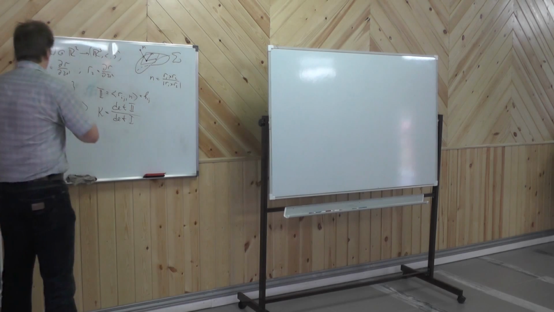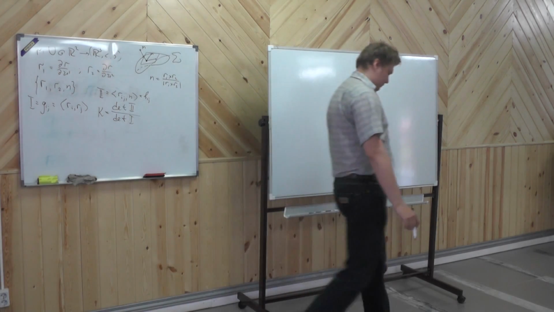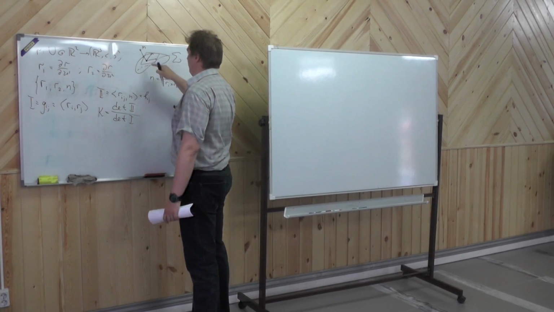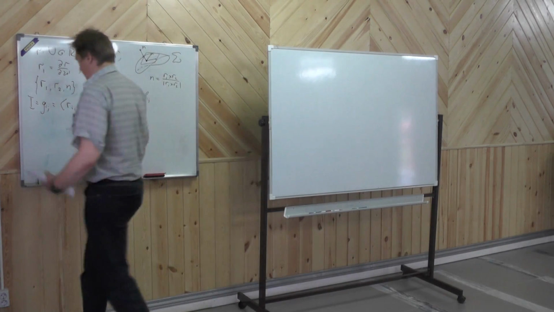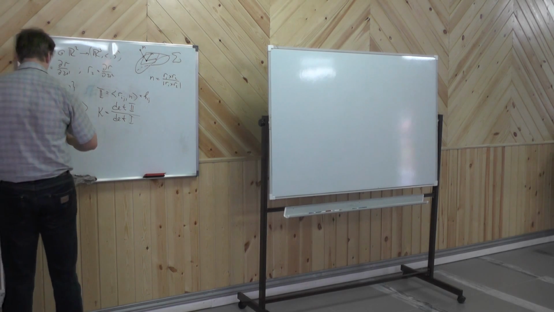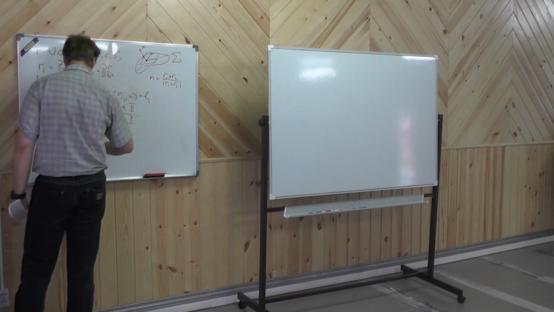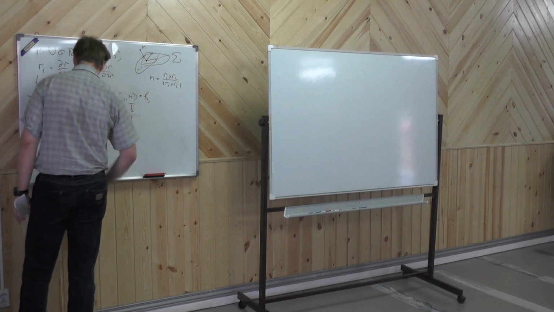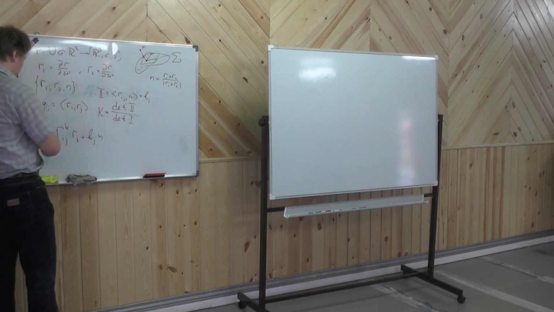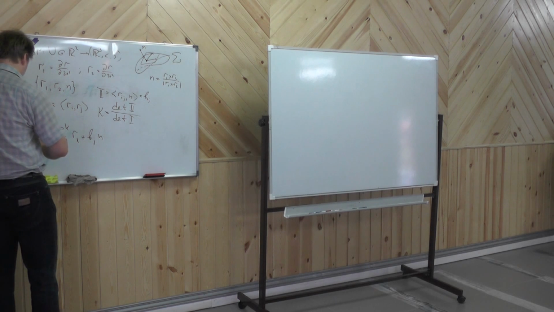So, okay, we have this basis, and we want to understand how this basis changes when you change the point on your surface. These are very well-known equations. This is the second derivative of r.